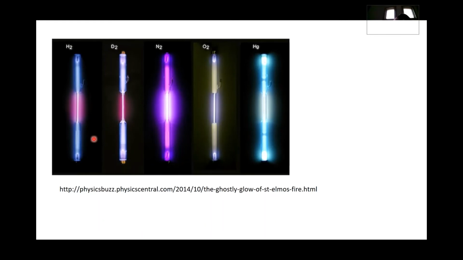So here we have H2, deuterium, N2, O2, and mercury, so different colors. Mercury looks kind of like a flashlight. Different materials, different color plasmas, and you can tell the difference of a material by the color it is when it burns.